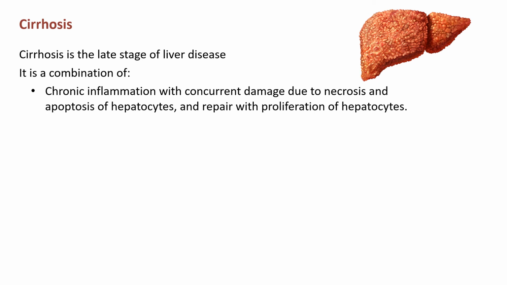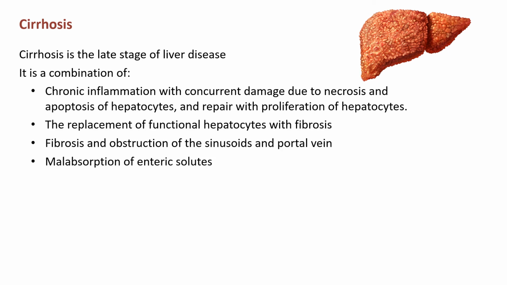Remember, these are epithelial cells, so they are highly regenerative. There is also going to be the replacement of functional hepatocytes with fibrosis. Fibrosis that's not going to be broken down by MMPs for the reasons we've already talked about.